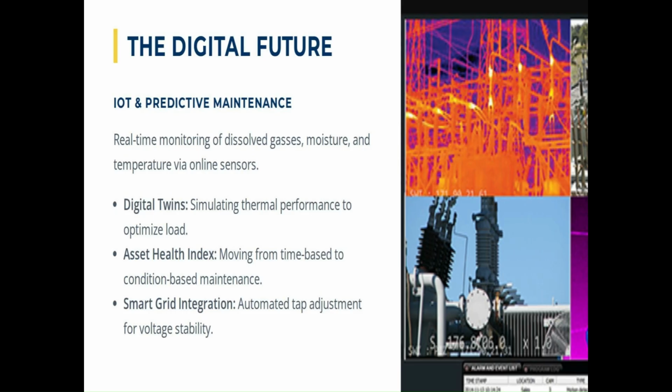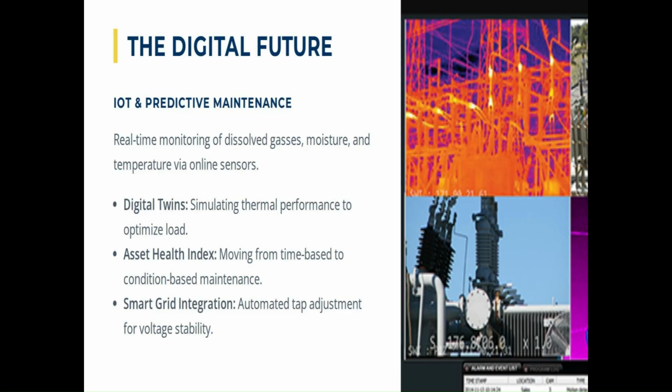But now, based on individual health index, the monitoring action and testing should be done, which can enhance the performance of the transformer as well as the substation. Similarly, automated tap adjustment for voltage stability. Earlier, the tap adjustment was done locally and manually, and it was taking a lot of time to get the voltage stabilized.